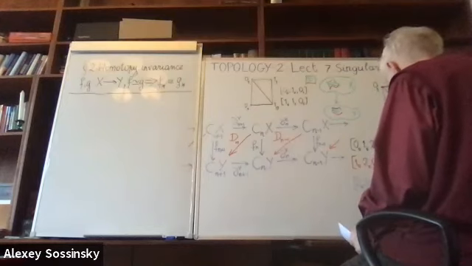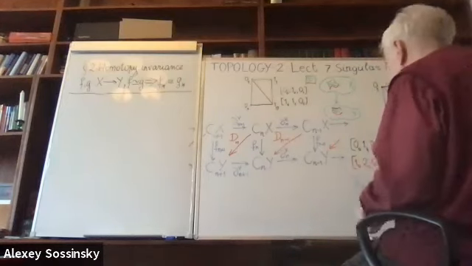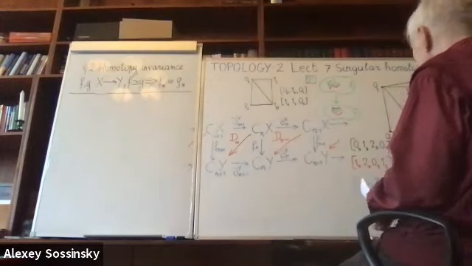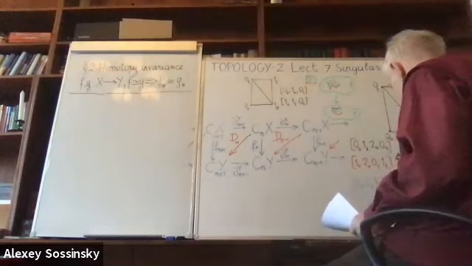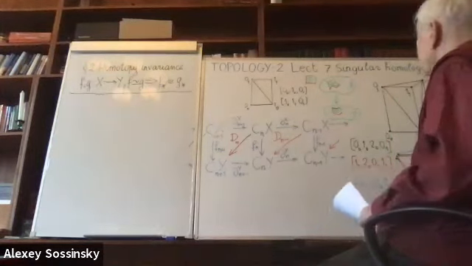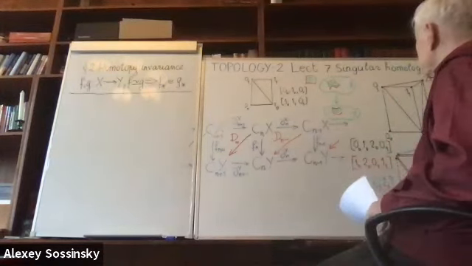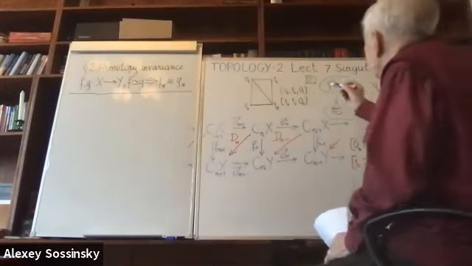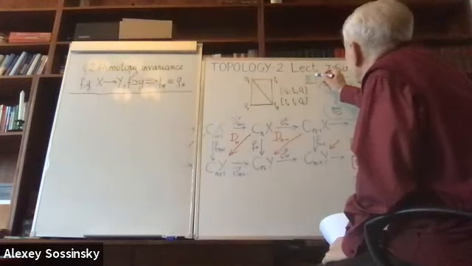So we have found a canonical triangulation of the direct product of a geometric simplex by [0, 1]. So we have it here now.